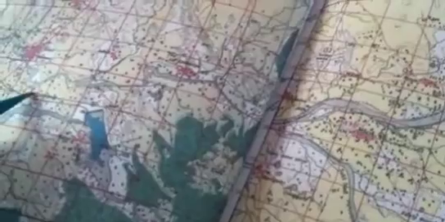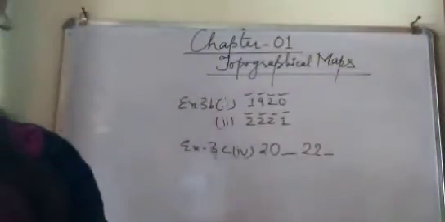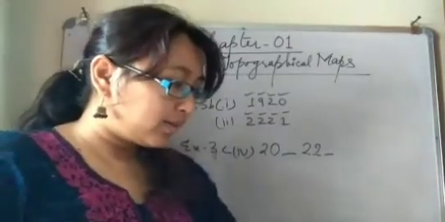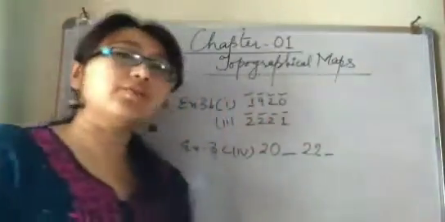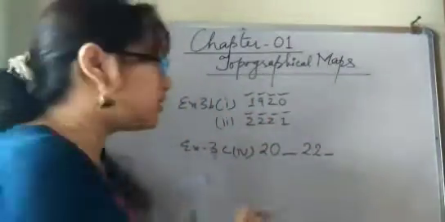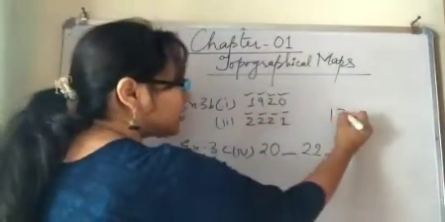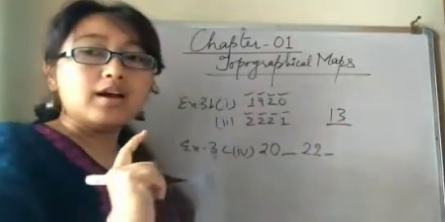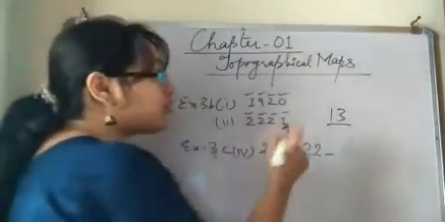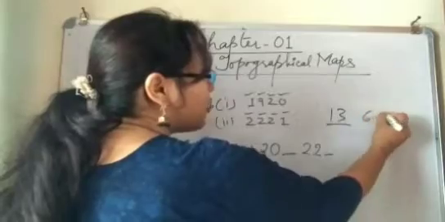Okay, now just find out the six-figure grid. How will you find it out? You put the scale here and count the bars from here to here. That reading comes out 13. We are not going to write 13 there. We are going to write half of 13. Half of 13 is 6.5.